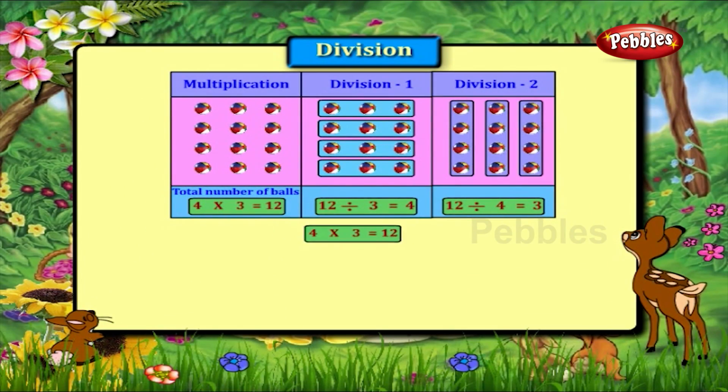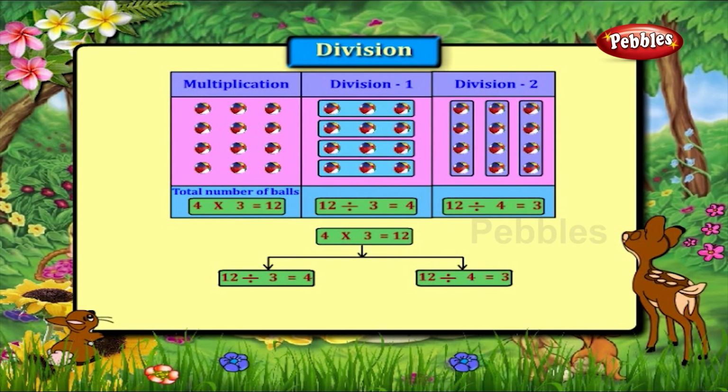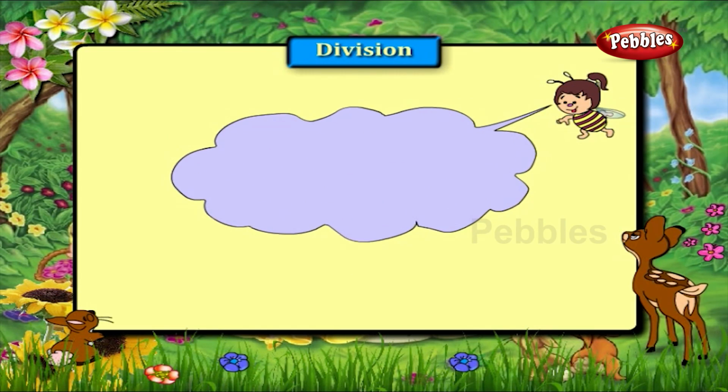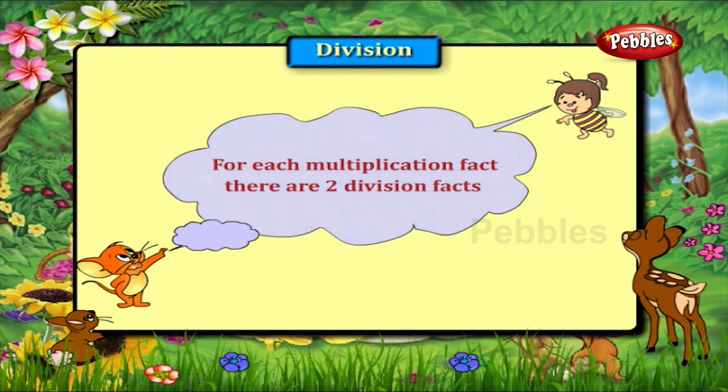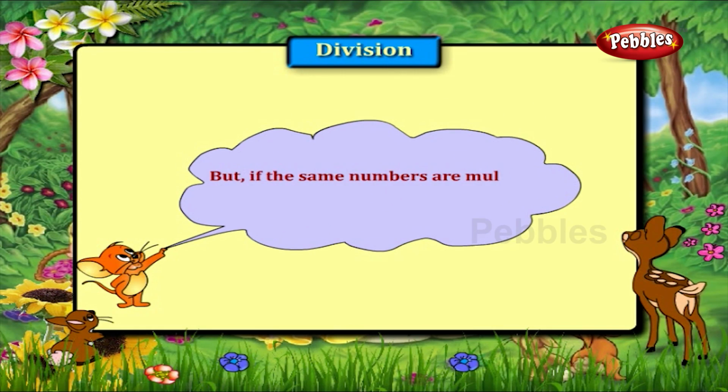From the above table, we see that the multiplication fact has 2 division facts. For each multiplication fact, there are 2 division facts. But if the same numbers are multiplied, there will be just one division fact.